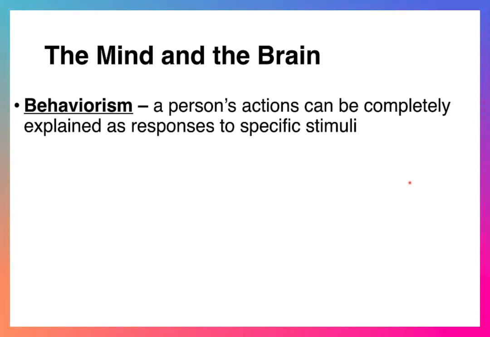For example, if you rang a bell and produced food, then the person's mouth would water because of the food, and then you could train them such that when they heard the bell, even without the production of food, their mouth would begin to water, and various other things.